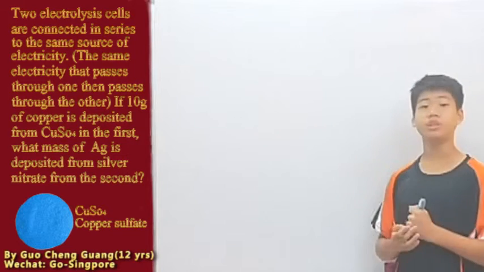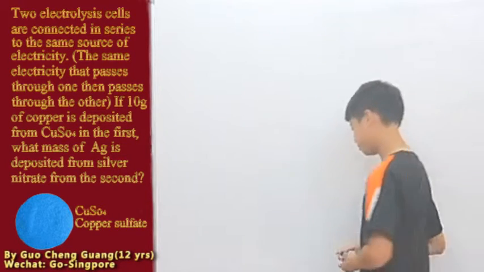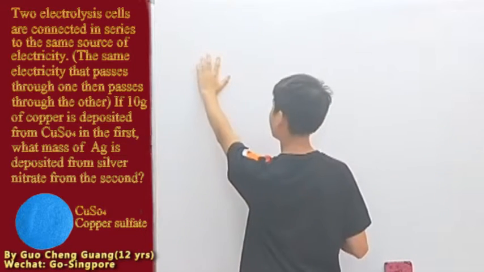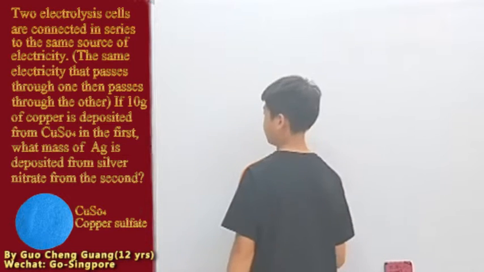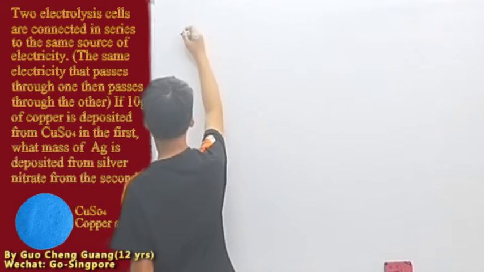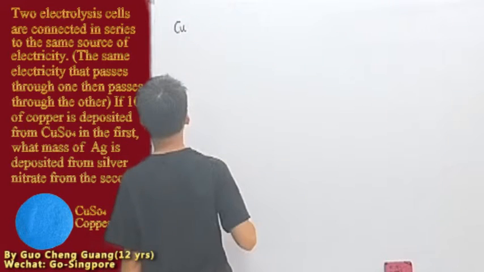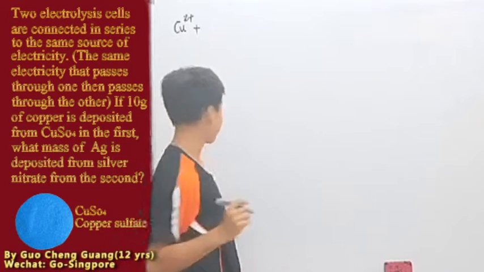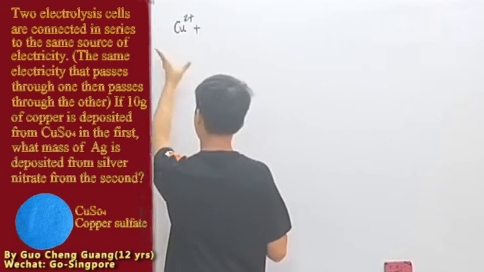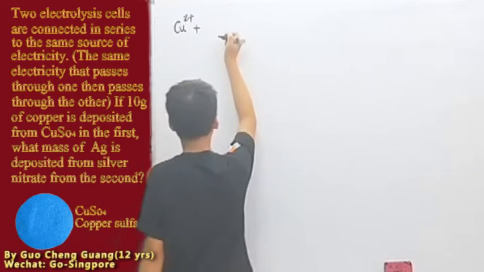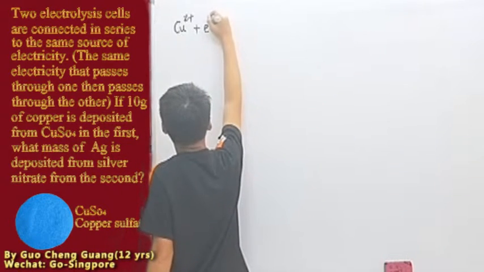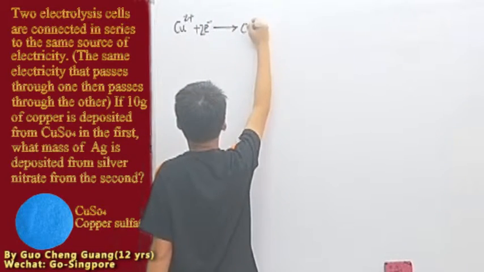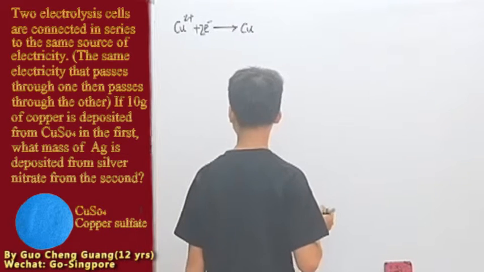For this type of question, first of all, we have to know their ionic equations. Copper in this part is 2+. So when copper is broken down from the copper sulfate, you get 2+. That means you need to add 2 electrons in order to get Cu.